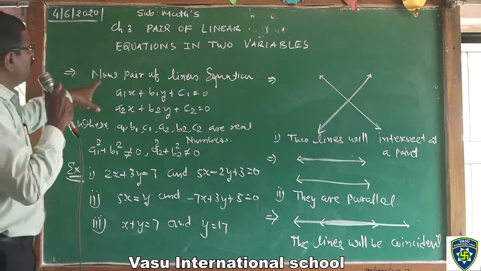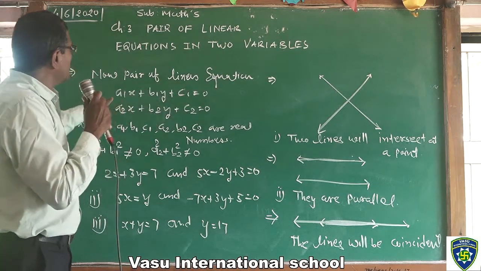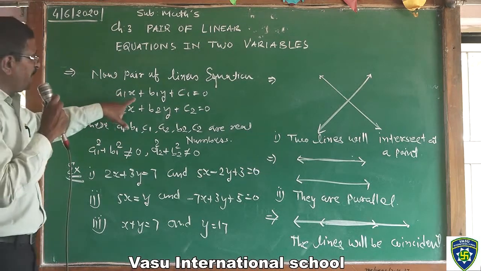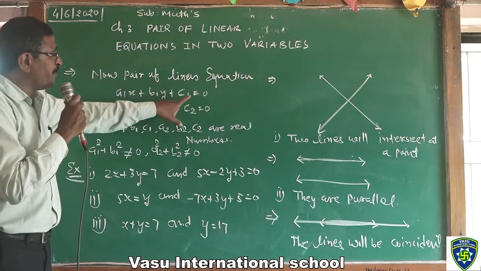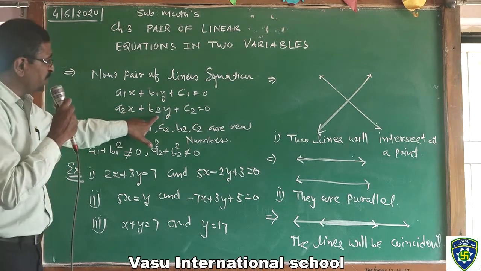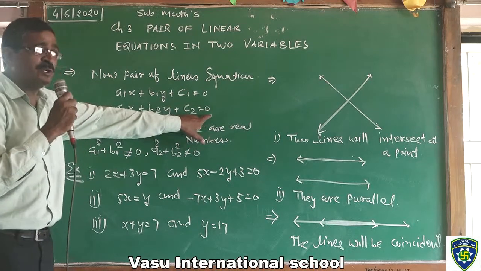Now student, the pair of linear equations. Look here, the general form of a pair of linear equations: a1x plus b1y plus c1 equals 0, the first equation, and a2x plus b2y plus c2 equals 0.